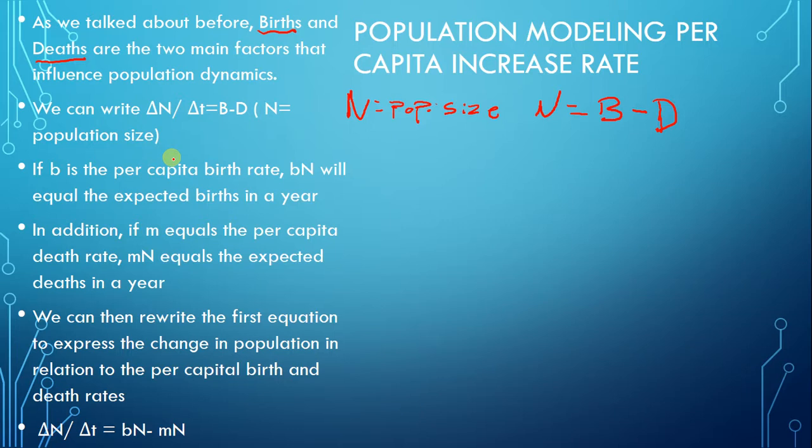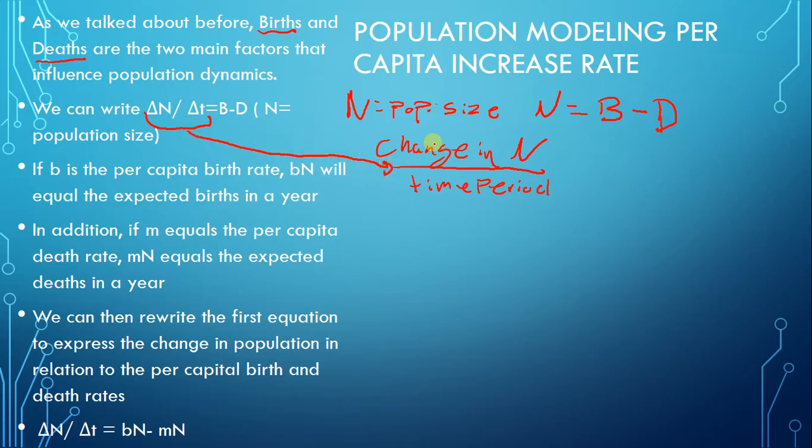So we can say that the change in N for a specific period of time, and that's what this side of the equation is saying, the change in our population size over a specific amount of time, is going to equal our births minus deaths.